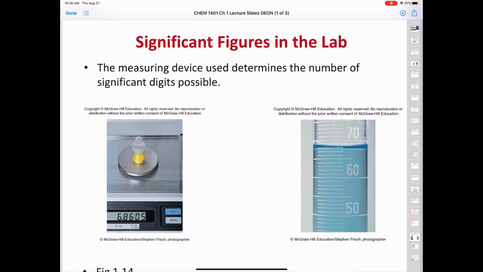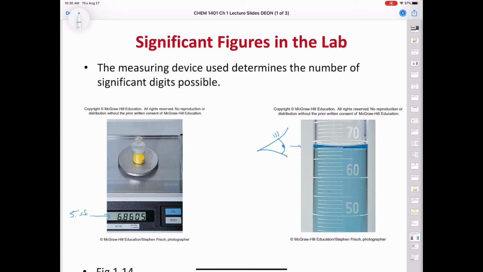And so what I'm saying is that if the scientist measured the solid to 5 significant figures, as is shown here, and then they want to dilute that and they choose a 100 ml graduated cylinder and they read the meniscus right here, that's the eyeball, okay? And you would read that to 1 digit past the smallest calibration.